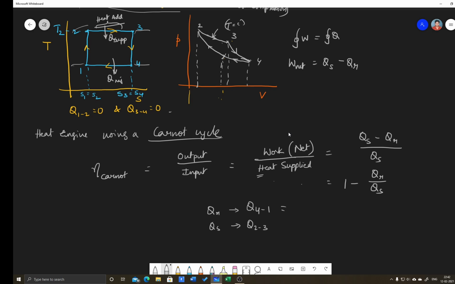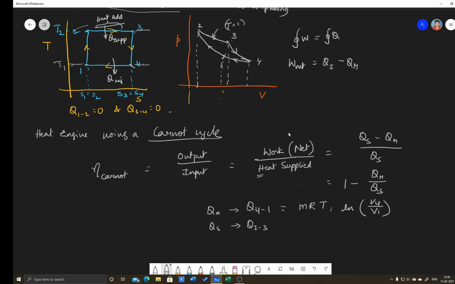During an isothermal process, heat transfer is equal to MRT. So here for 1 to 4, at both the points the temperature is T1: MRT1 ln V4 by V1.